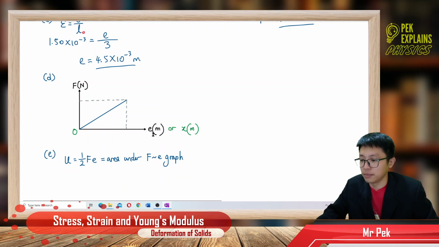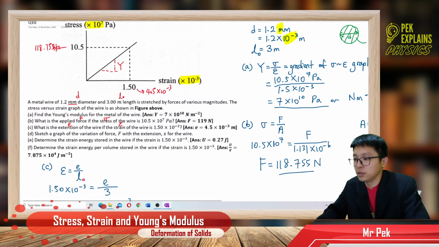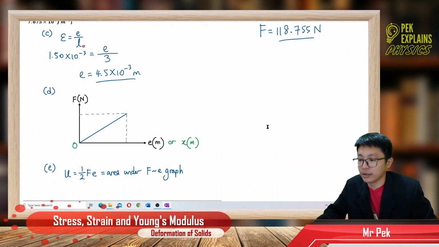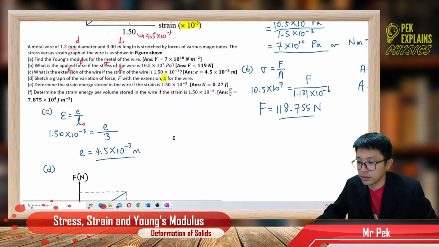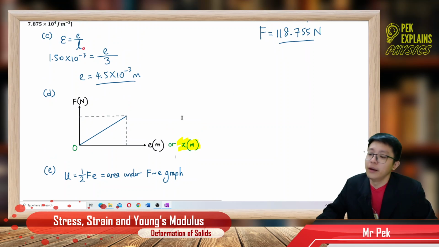Actually, it's Hooke's law, F versus X graph. Since the question uses X as the symbol, this time we also use X in meters. It's the same meaning as E.